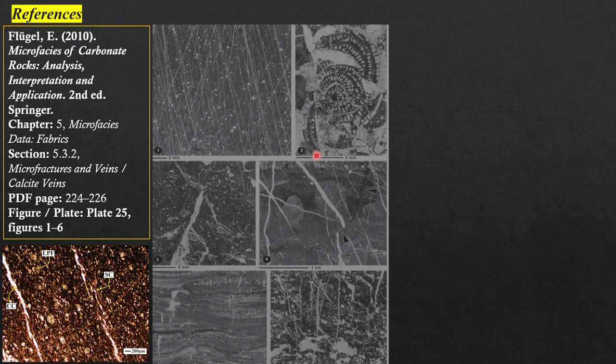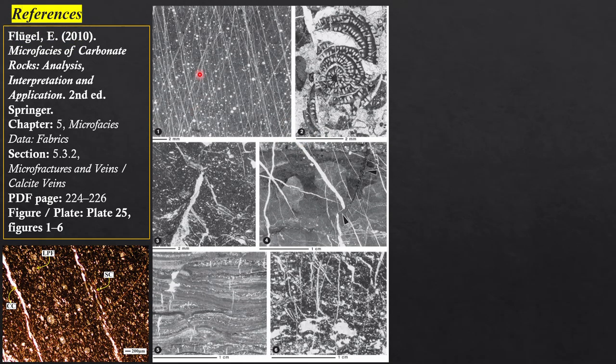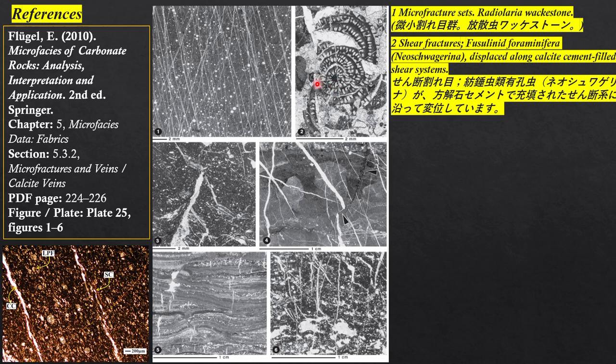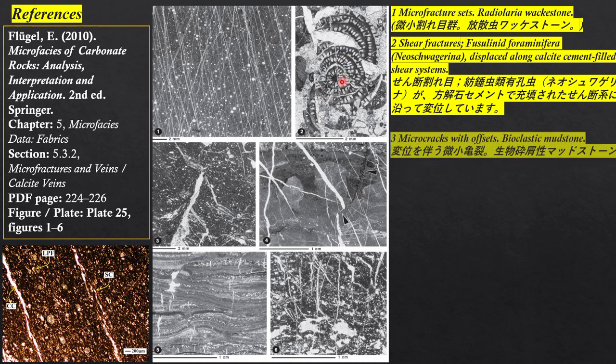So there is another reference for the calcite precipitation from the fluvial book. You can see the rhodolith rich wackestone. We have a lot of calcite cementation, a different network of calcite cementation. They have a shear fracture in which they are dislocated because of the stresses. They also have the calcite cementation filled.